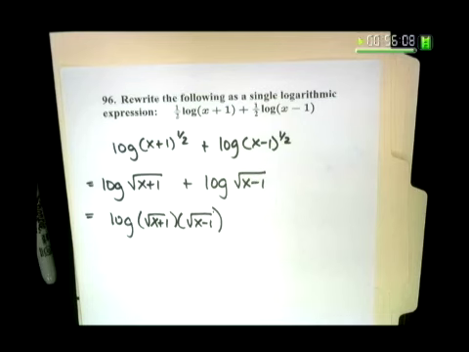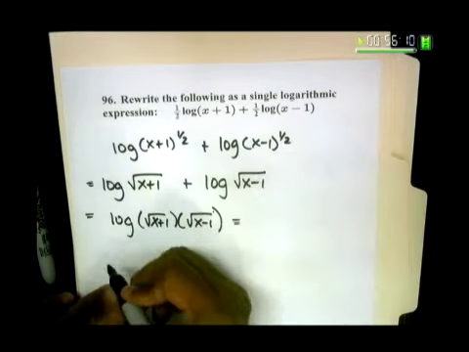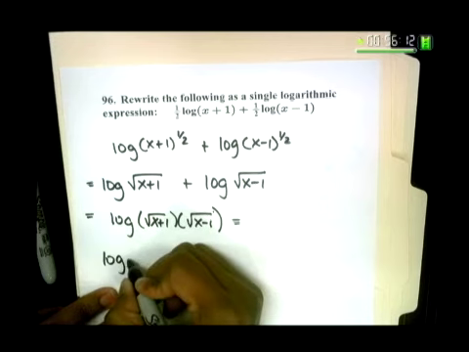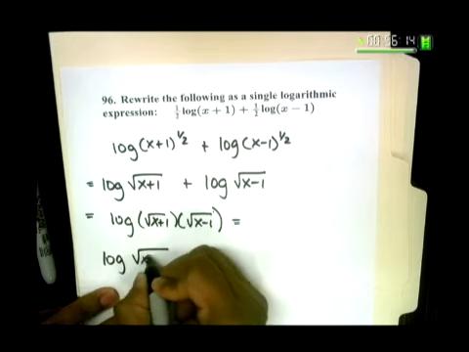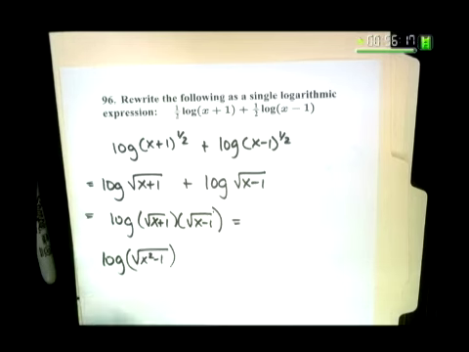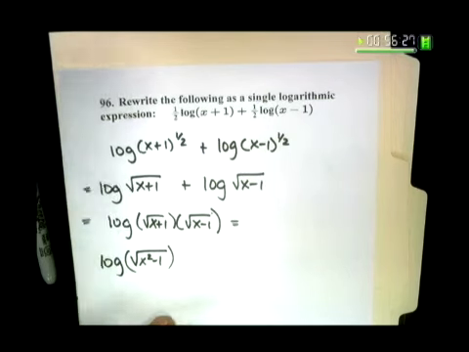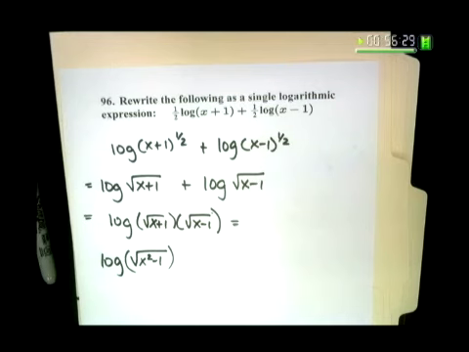And if you can combine it even more, you have the square root of x squared minus 1. That's where they get the answer from in the back. But the main idea is that you can use the properties and combine it. So know the properties, being able to go backwards and forwards.